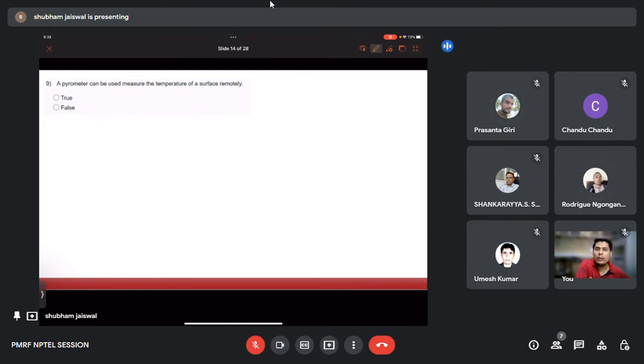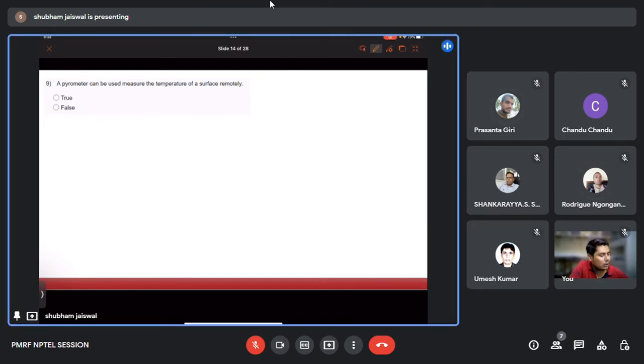Yes, a pyrometer can be used to measure the temperature of a surface remotely. It is a non-contact type temperature measuring instrument.